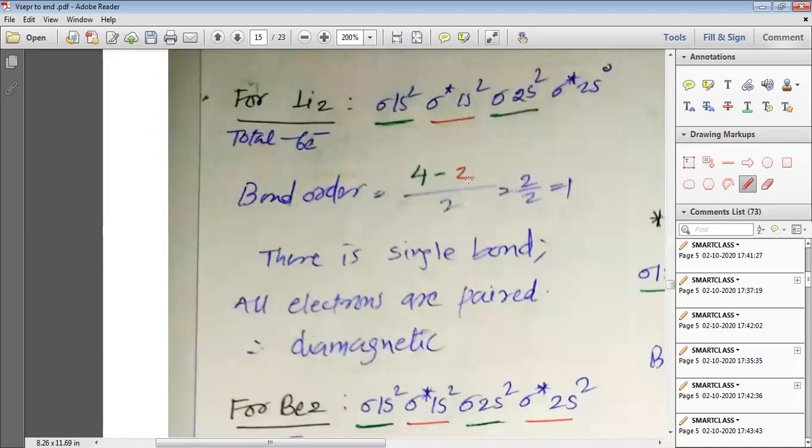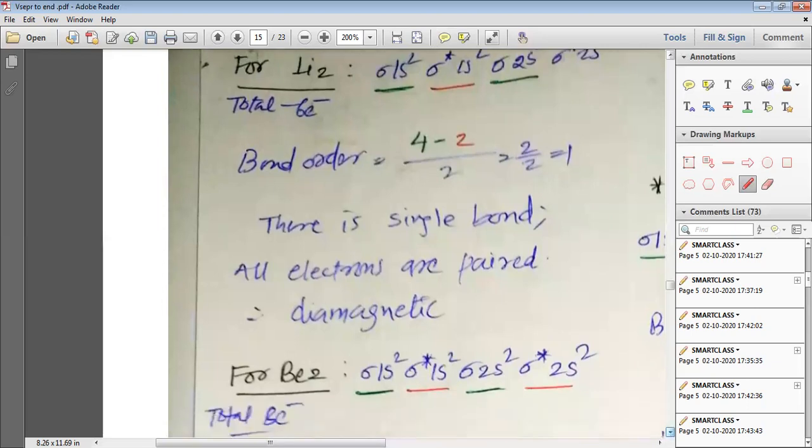With the red underline we have only 2 electrons. So bond order is equal to (4 minus 2) divided by 2, that is 2 by 2, which is equal to 1. That is why there is a single bond, and all electrons are paired. So when the lithium molecule is formed, it will have a single bond and all electrons are paired. That is why the lithium molecule is diamagnetic in nature.